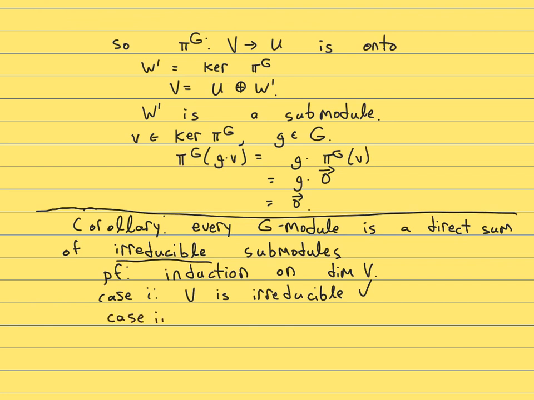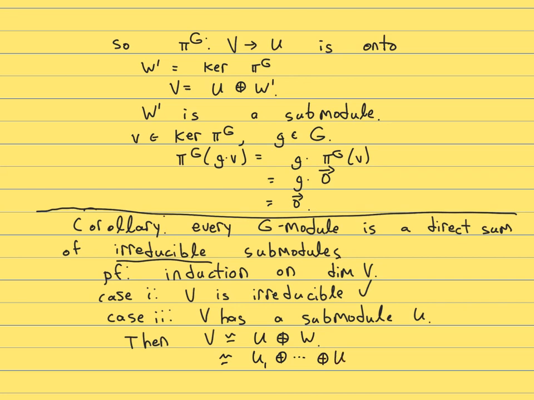Case 2 is not irreducible, which means it has a submodule, a non-trivial submodule, say U. Then as we just saw, V is isomorphic to the direct sum of U and some other submodule W. Each of these has smaller dimension than V, and so by induction, U is a direct sum of irreducible submodules, and W is a direct sum of irreducible submodules.